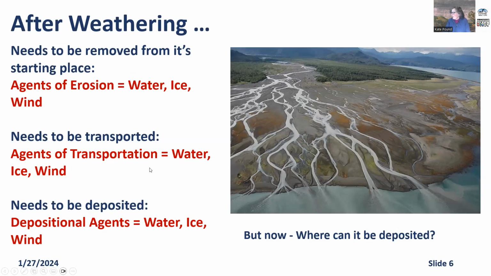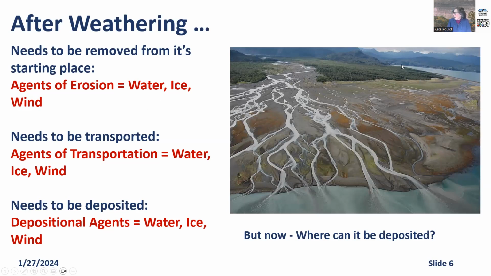But this isn't a simple single process. You can have ice moving large blocks of rock first, and then when that ice melts, water might move the sediment. Then if the water dries up, or there's some really strong winds along a river valley, we might have wind moving the sediment. So this ends up being a really complex process.